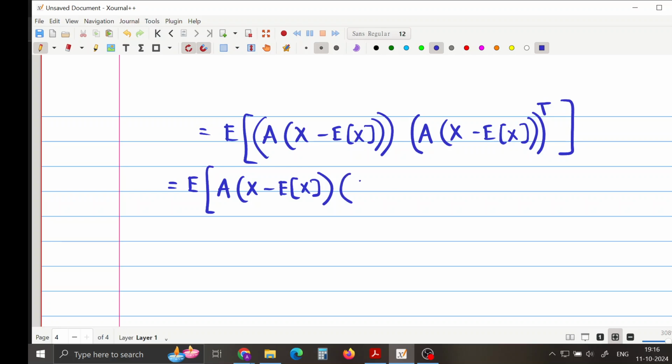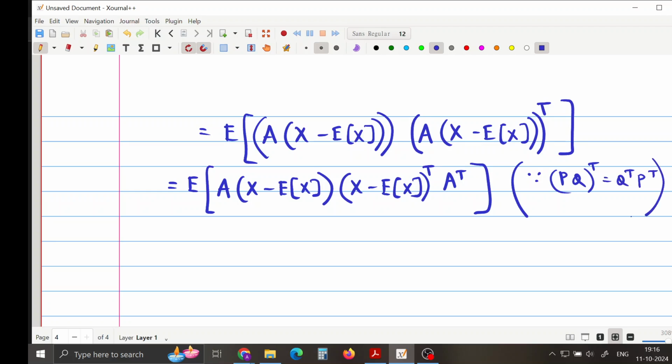So I can write this as this, since PQ whole transpose is Q transpose times P transpose. So now what do we have? Remember, A was a constant matrix, so I can bring that outside. Similarly, A transpose is also a constant matrix. I can bring that outside as well.